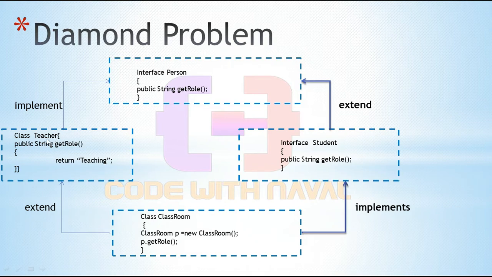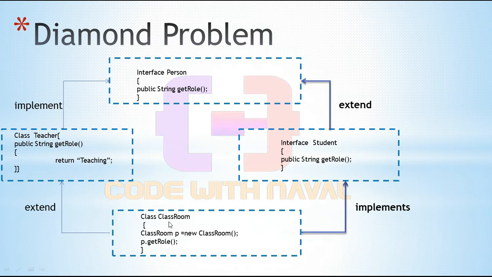One is Teacher and the other is Student, and the second one, Student, is also an interface. The Teacher simply implements the Person interface, overrides the getRole method and returns teaching. Then we have the Student interface, where we simply declare the same method that is already present inside Person.